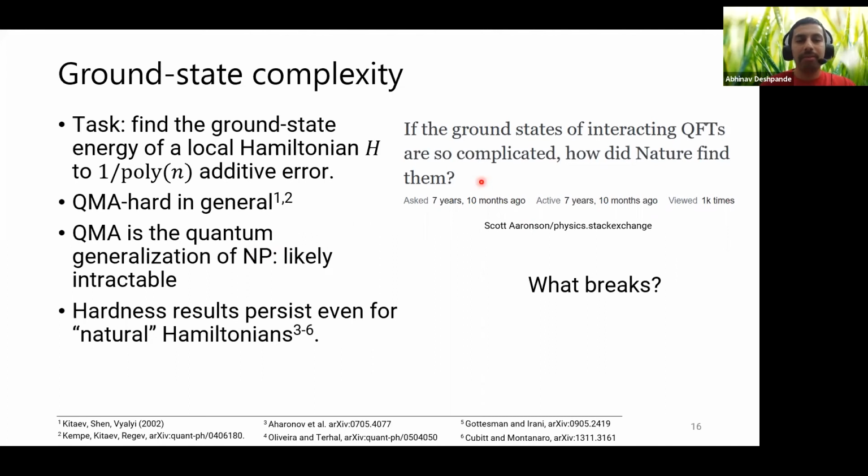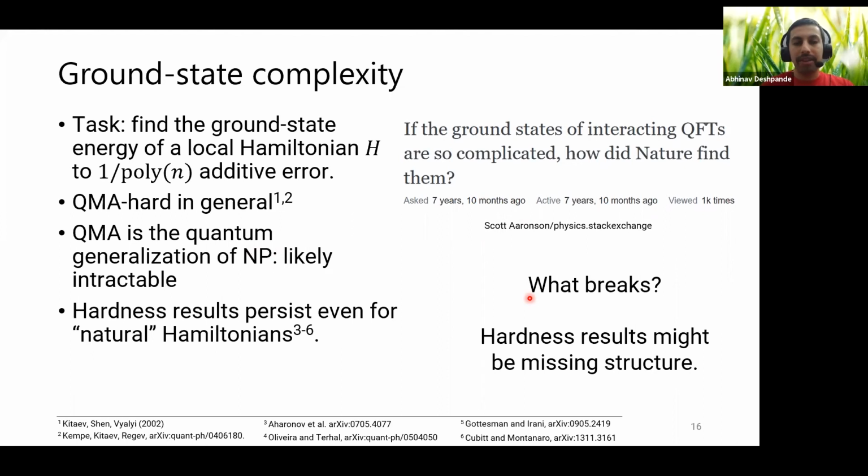Because people think sometimes that nature is preparing ground states of these systems. So you ask what breaks? One possible answer is that all these hardness results might be missing some structure that's present in physical or natural Hamiltonians, that's not being accounted for by these hardness results.